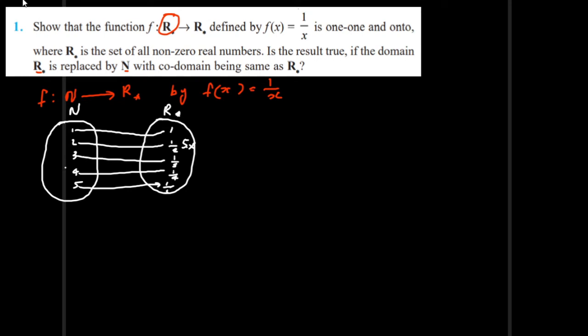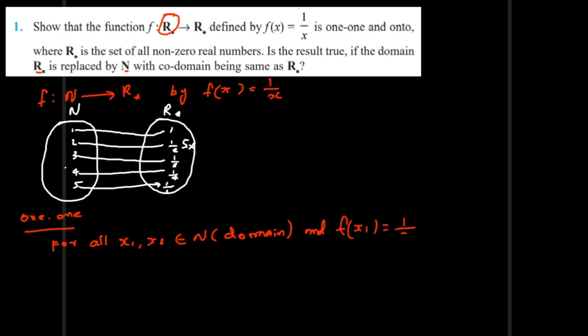First you have to show this is 1-1. Same as before, for all x1, x2 belonging to N, the domain, f of x1 is equal to 1 by x1, and f of x2 is equal to 1 by x2.